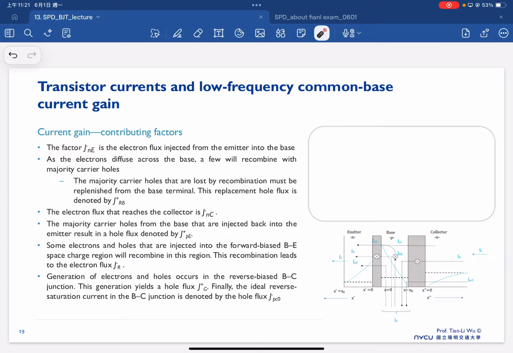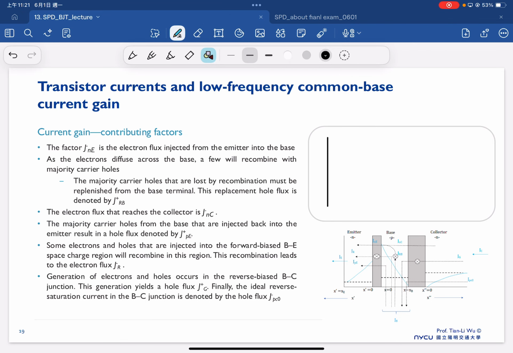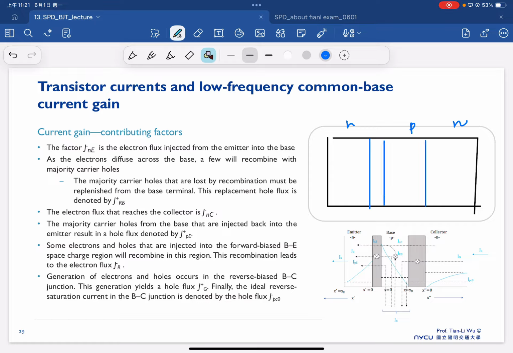The first one is that we need to draw a schematic here, where this is considered as an NPN, and in between we have the space charge width here and also here, and then we have the emitter here, base here, and collector here.